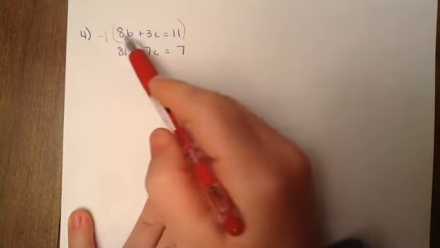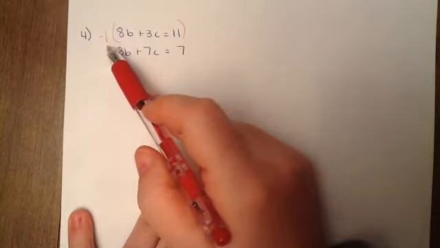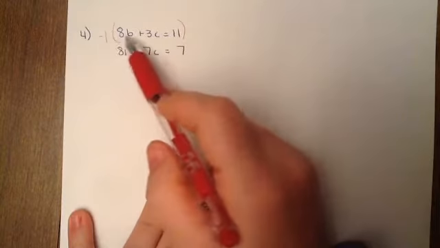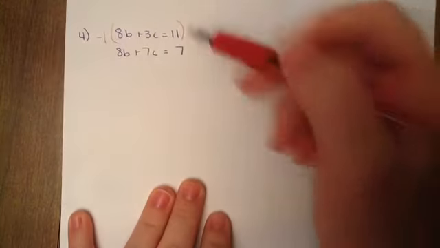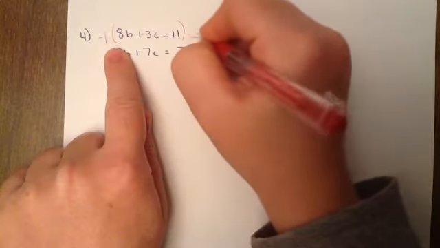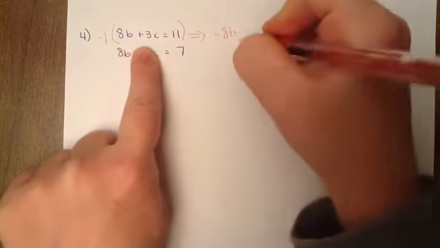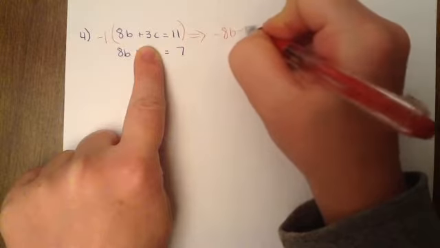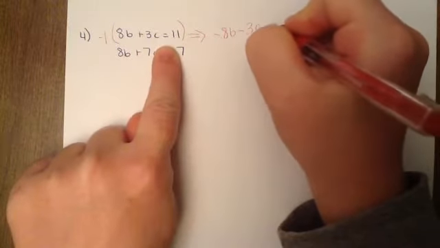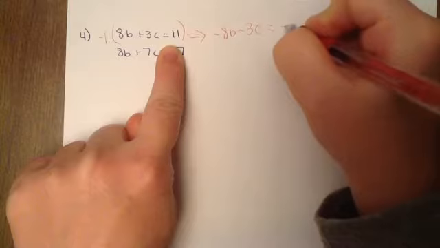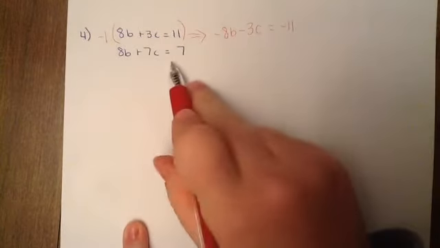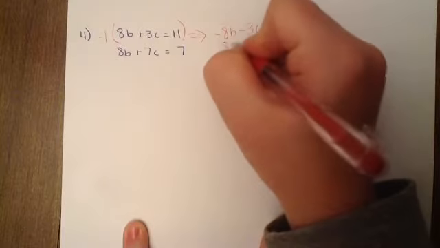If I multiply the top by -1, I have to multiply each piece by -1. So this will become -8b. What's next? Minus 3c equals -11. Does this bottom one change at all? No.